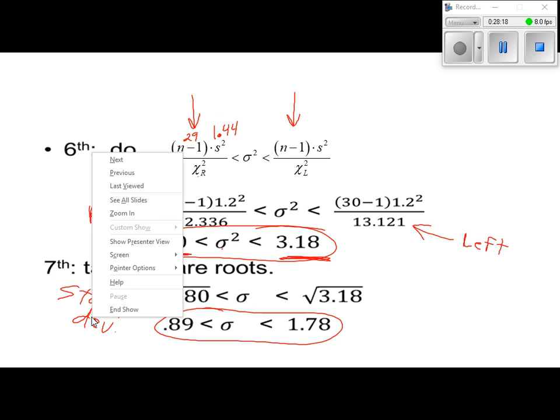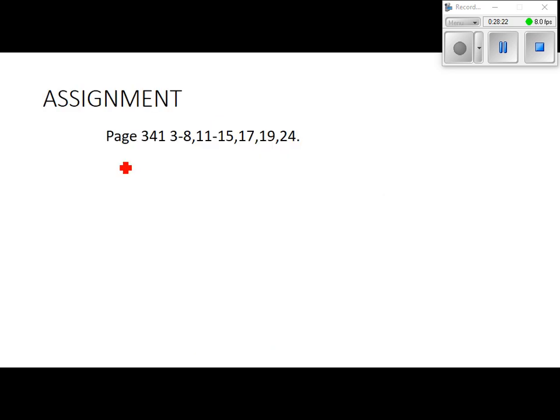Nothing real hard, just got to be careful, easy to make a mistake. The assignment's on page 341, problems 3 through 8, 11 through 15, 17, 19, and 24.